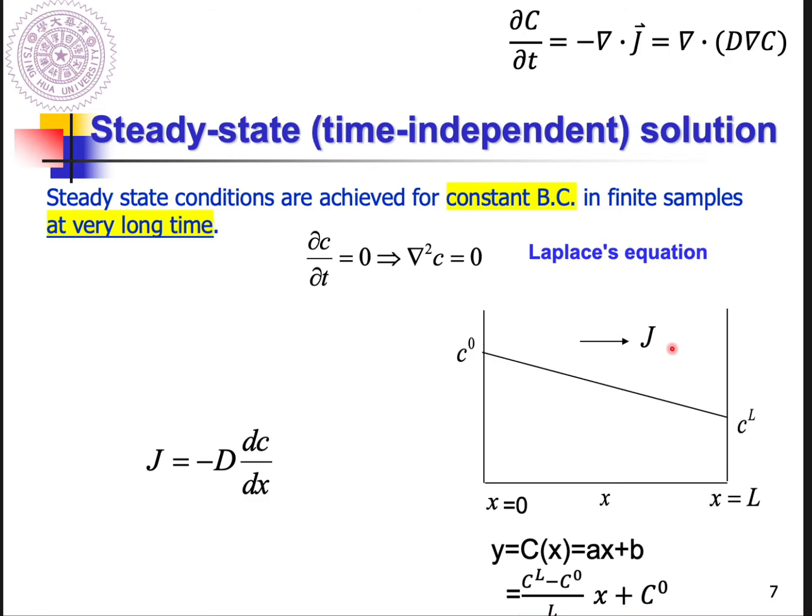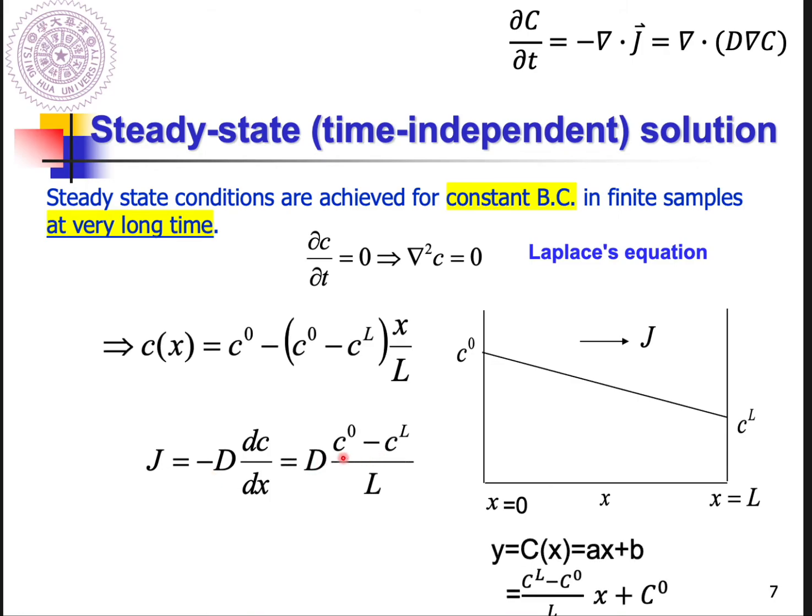And to know the flux, how do we get it? You just take the partial derivative with respect to x, then times the minus diffusivity.